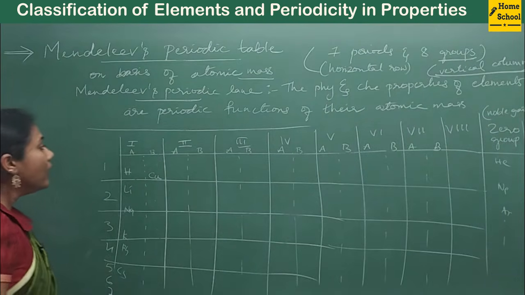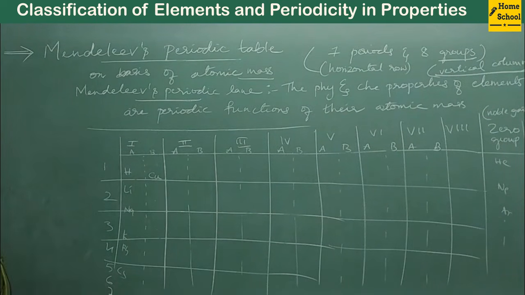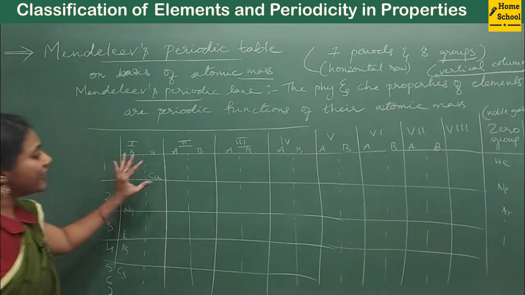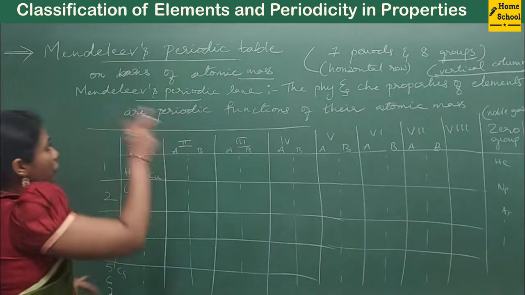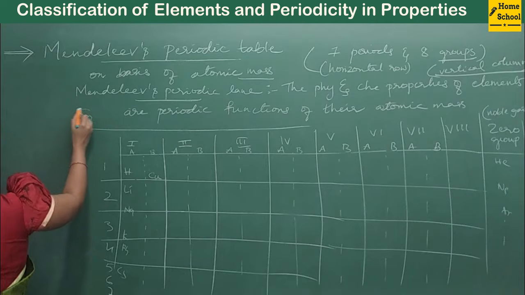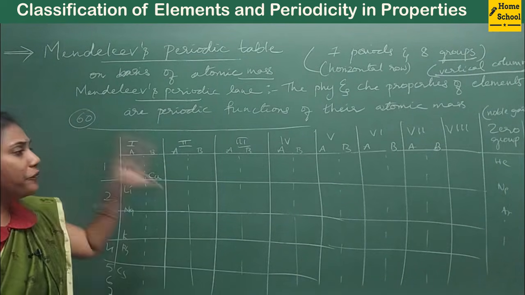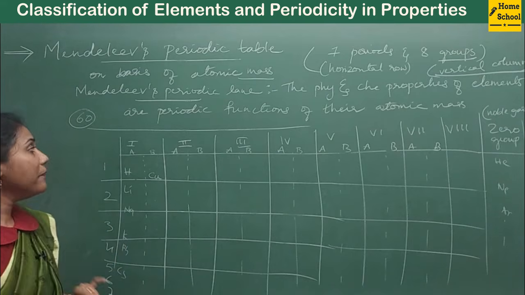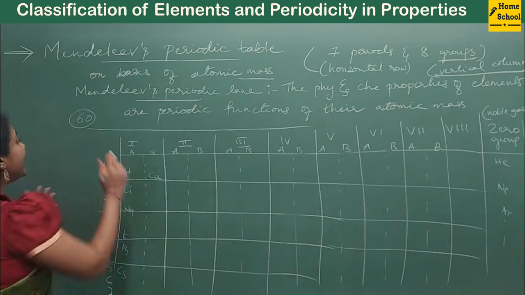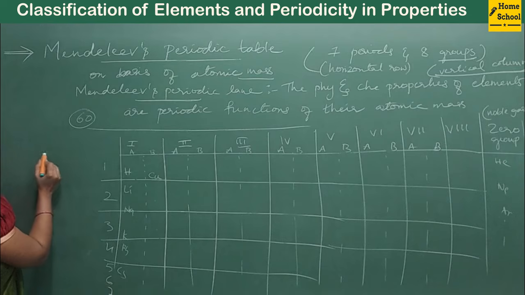So what he actually did was, he studied each and every element. During his time, almost around 60 elements were discovered. He studied each and every element in a detailed way. You know what? Every element he made to react with oxygen and hydrogen.